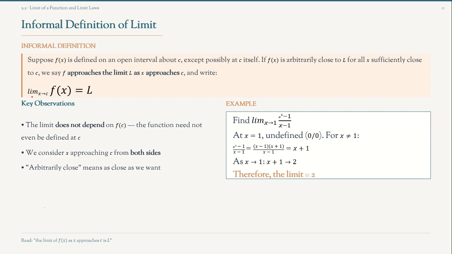For x tends to c, if the value of f of x is L, then L is called the limiting value of f of x. That means if x approaches c, then the value of f of x will be L.